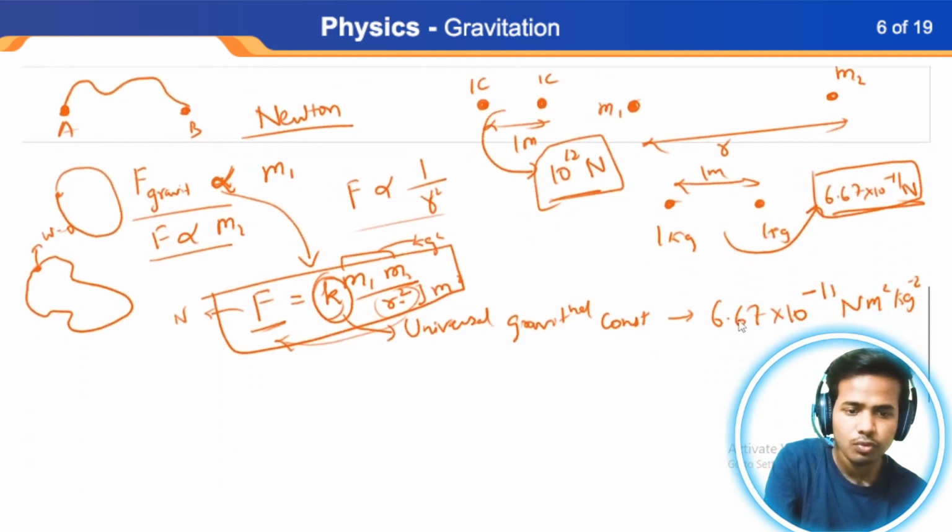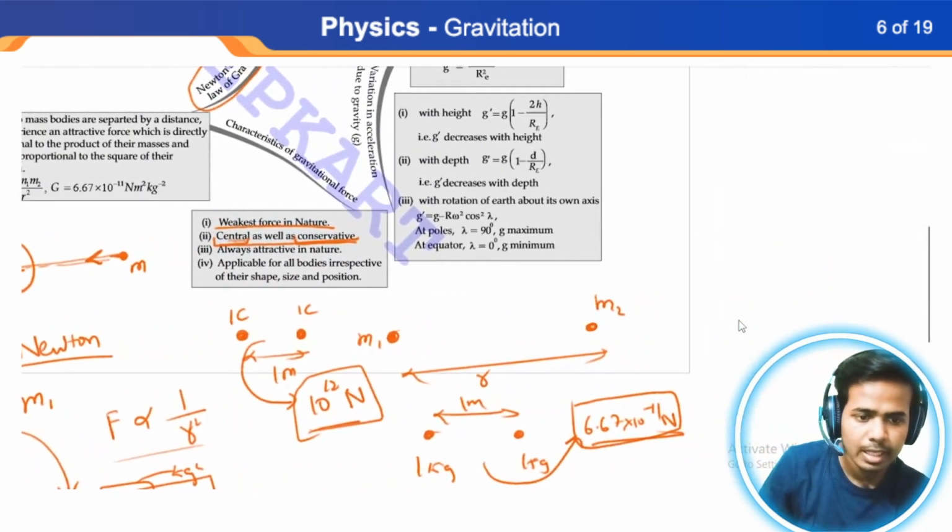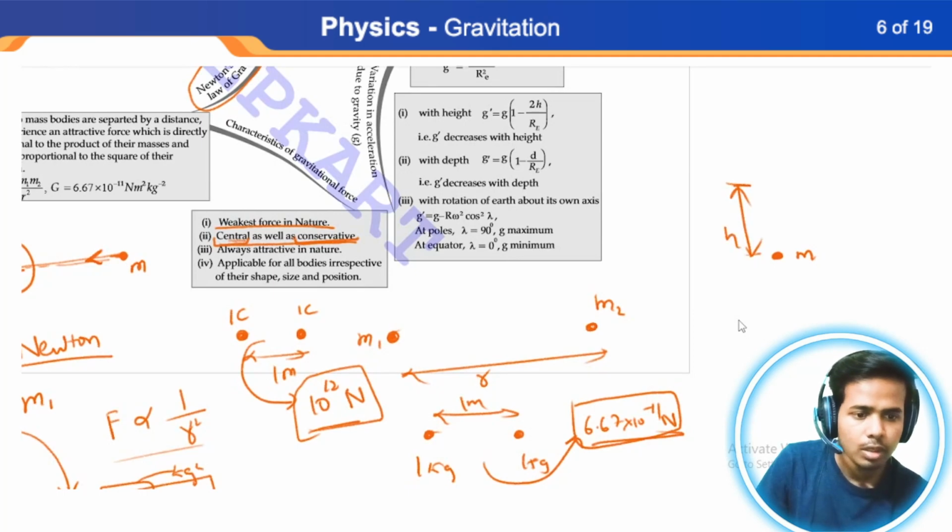Because see, I'll give you one example for this. Let's say there is this body of mass m, and you have to push it through a height of h. Now you can push it straight up to the height h, or maybe you can do something like this, or maybe you can do something like this.